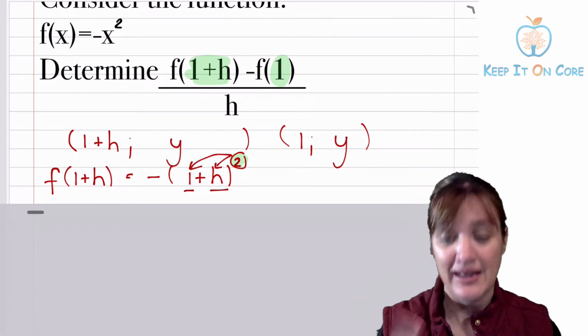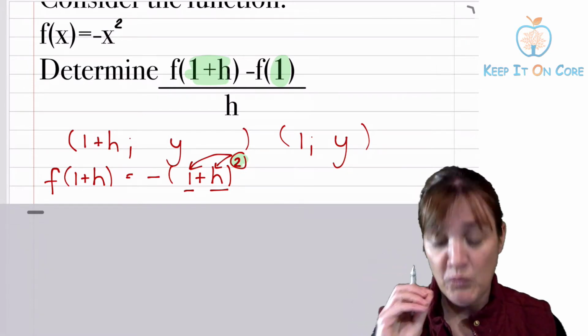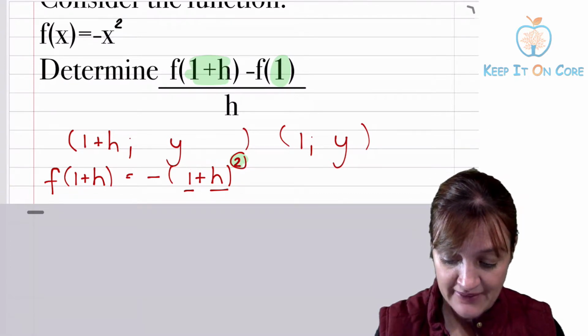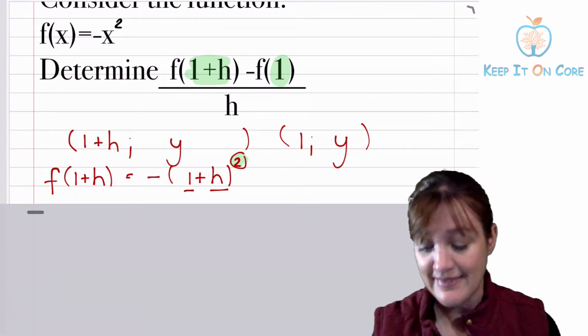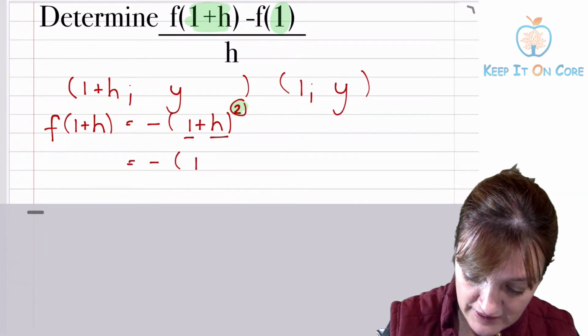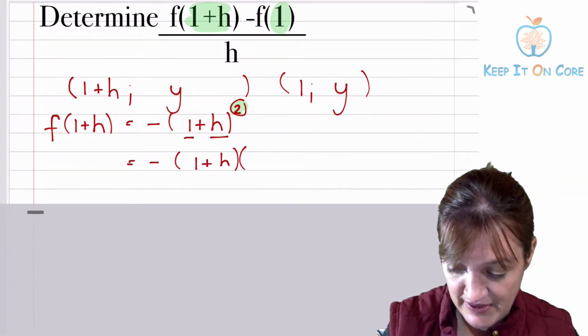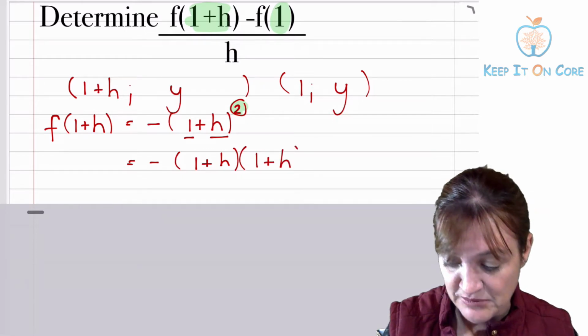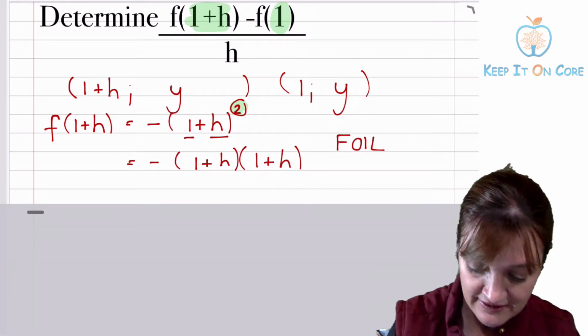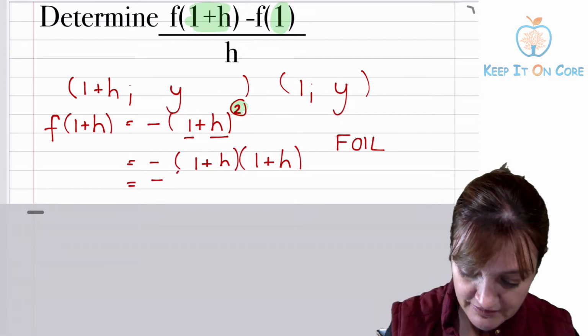You cannot do that. If a binomial is being squared, it means you take that bracket and multiply it by itself two times. So I'm going to have negative (1 + h) times another (1 + h), which means you are going to be doing FOIL. Watch out and don't make that silly error.